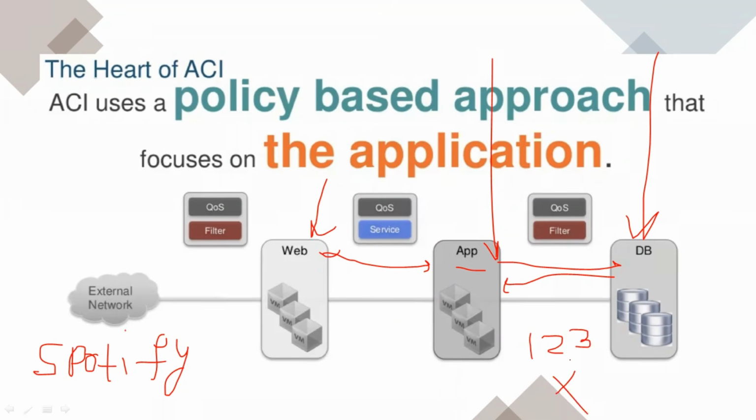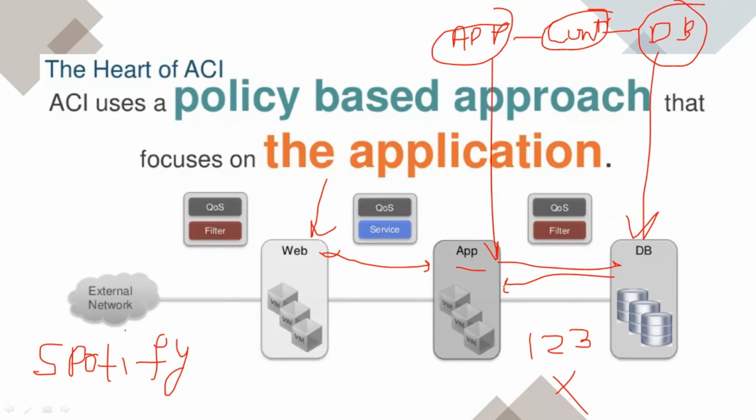Can you do that? Yes, we can do that, because we have an app policy and a database policy, which we have created. We know you want to connect from the app to the database server, and you want only port 123. What we will do is apply something called a contract, and with the help of that contract, I will say allow port number 123. Now this will be very easy if you create your policy with respect to your application, right?